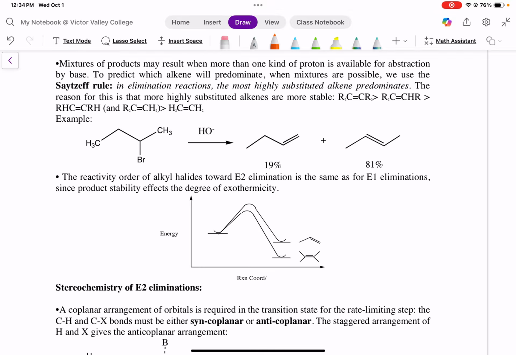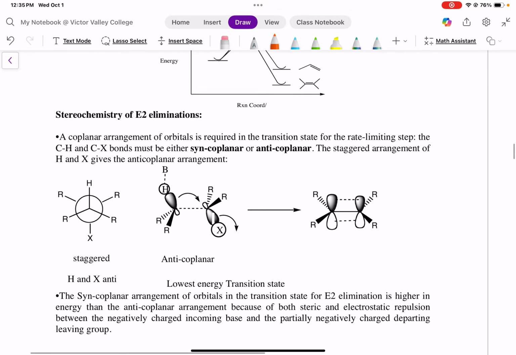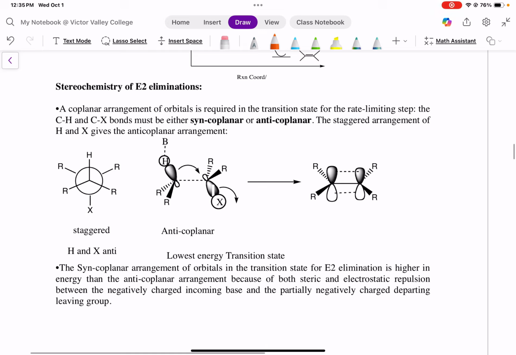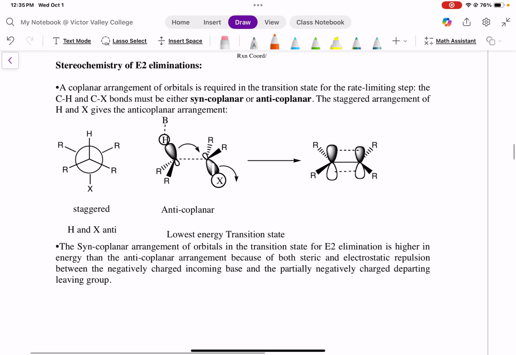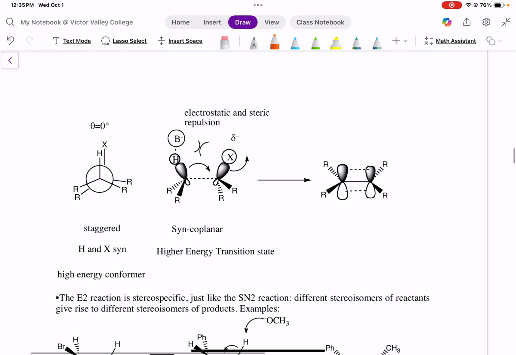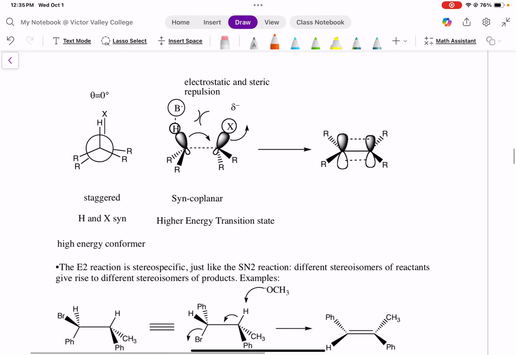Now, regarding stereochemistry, notice that the leaving group and the hydrogen the base wraps have to be opposite, meaning anti-coplanar. Anti means opposite, right? Remember the conformation stuff? That way the base is not in the way of the leaving group. That's all it is. And that sometimes affects the product.